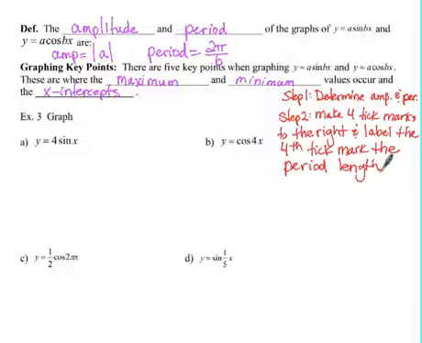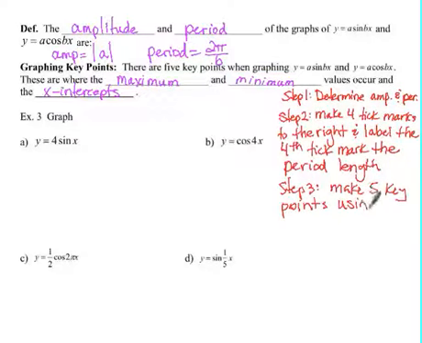I'm not done with my steps, but let you catch up with me. Step 1, determine the amplitude and period. Step 2, you make 4 tick marks to the right and label the 4th tick mark the period length. Step 3, make 5 key points using your amplitude and knowing where cosine starts and where sine starts.